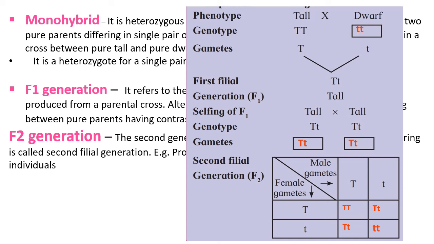So the phenotypic ratio will be 3 as to 1, while the genotypic ratio will be different because a pure tall plant is only 1, then hybrid tall plants are 2 and pure dwarf plant is 1. So the genotypic ratio will be 1 as to 2 as to 1. So in this way, Mendel carried out an experiment on tall and dwarf pea plant.